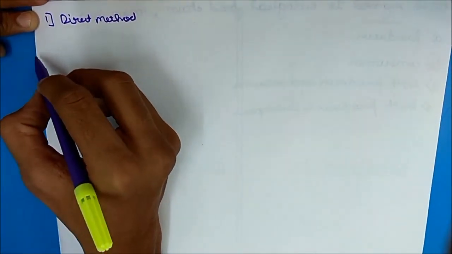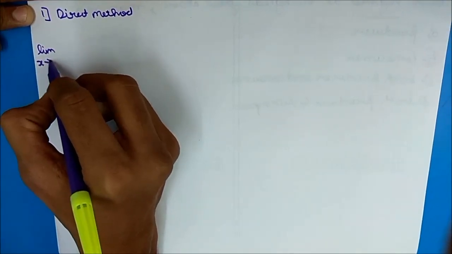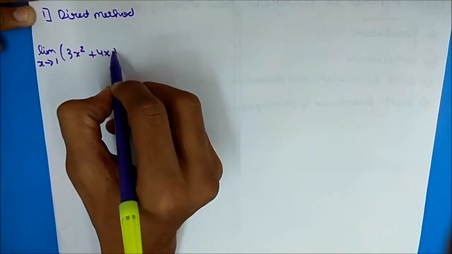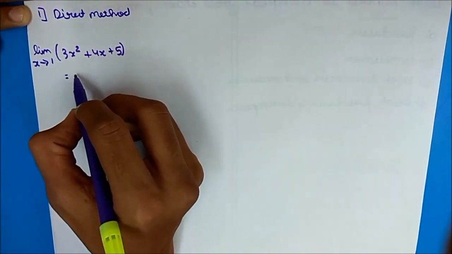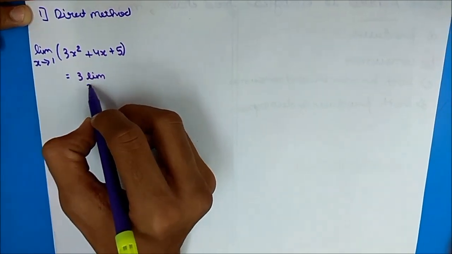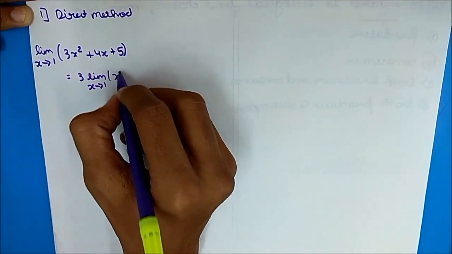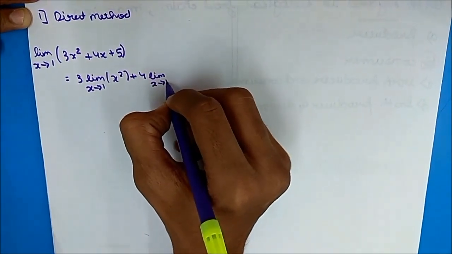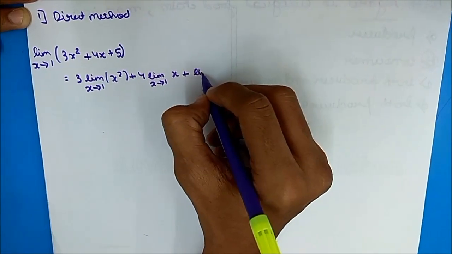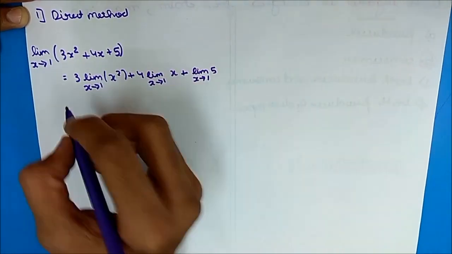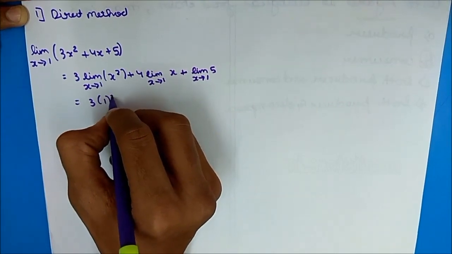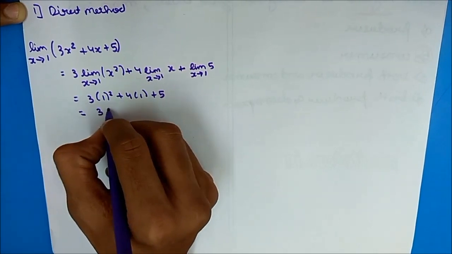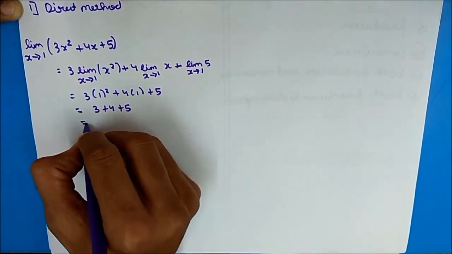For example, limit x tends to 1 of 3x square plus 4x plus 5 is 3 limit x tends to 1 x square plus 4 limit x tends to 1 x plus limit x tends to 1 of 5, that is 3 into 1 square plus 4 into 1 plus 5, that is 3 plus 4 plus 5, that is 12.